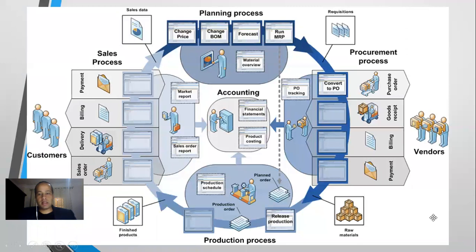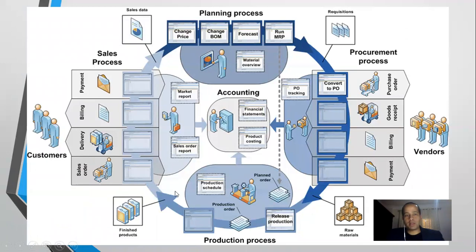This is a view of, for example, an SAP system that handles sales, planning, procurement, and production. So basically, we procure items, we produce them, we sell them, and we have to plan this process. You see here each of these business functions which are sub-functions of the bigger business functions.